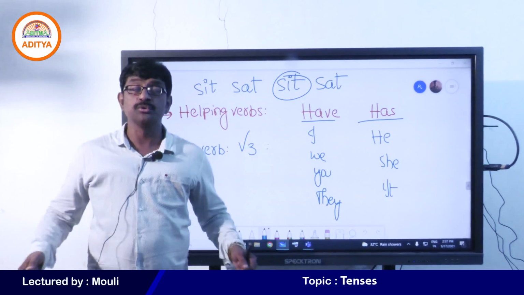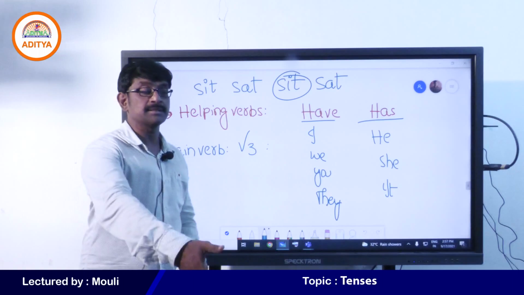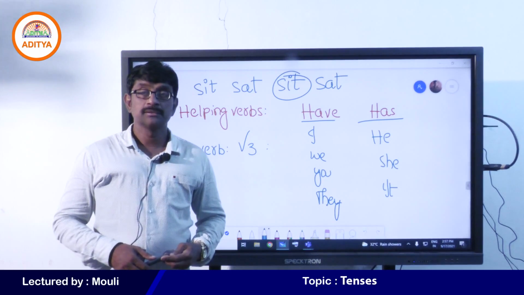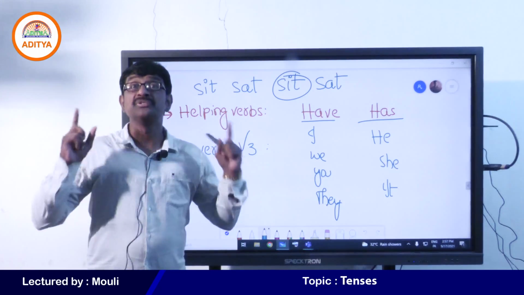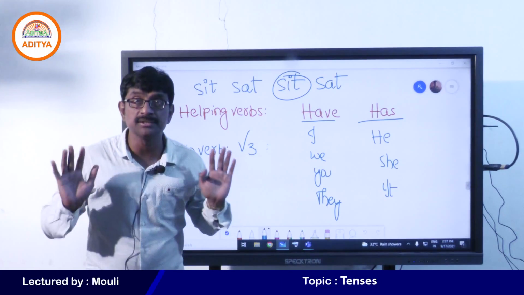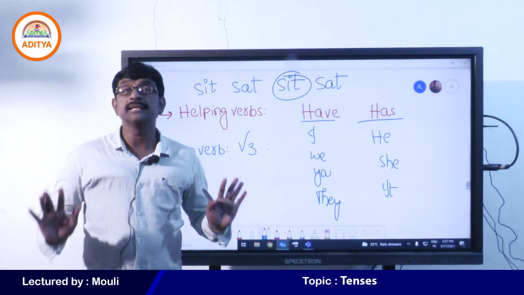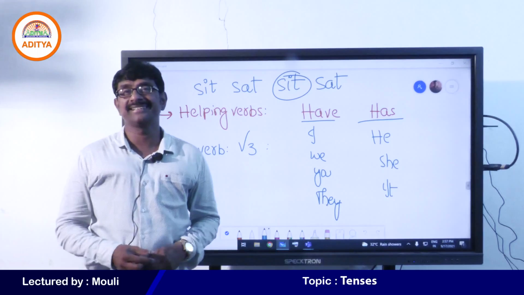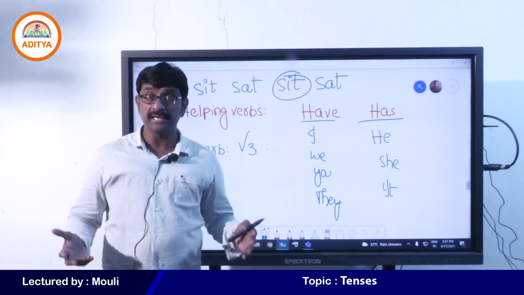Even when I joined the school in my childhood days, my teacher's first word was sit, Mauli. She was an Anglo-Indian, of course. There started my sitting. And even I too didn't know that the third form of sit was not sit, it was sat, until I came to degree level. This is the foolish thing that many of us make.